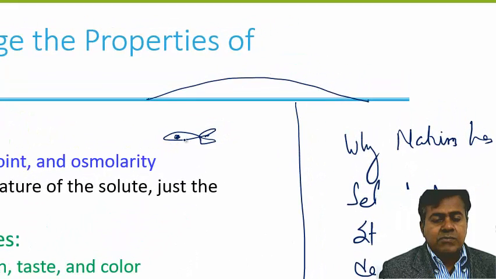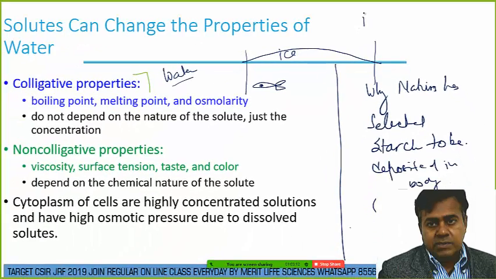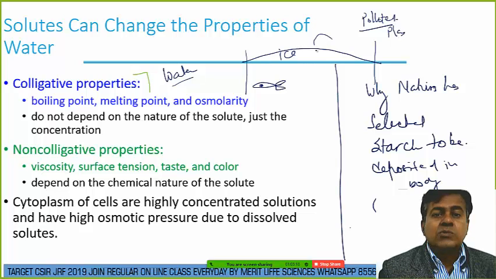Why are fishes alive? Because of the colligative property of water. Why are scientists shouting about pollutants, plastics? Because they are going to change the property of ice.